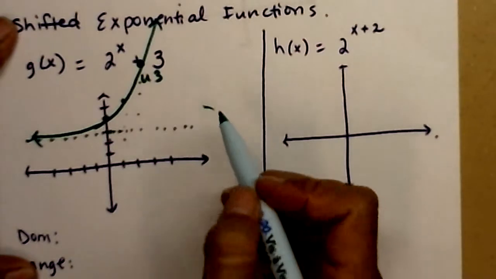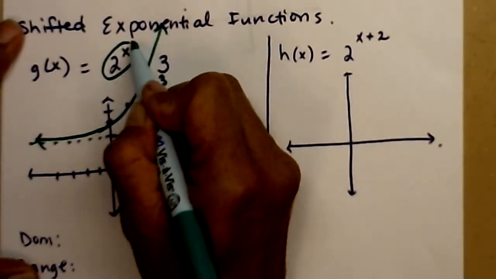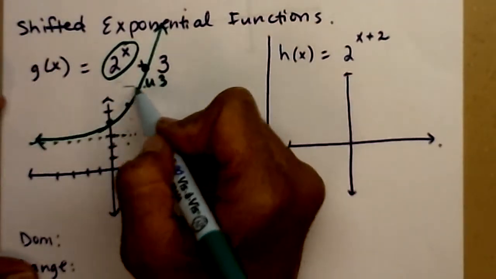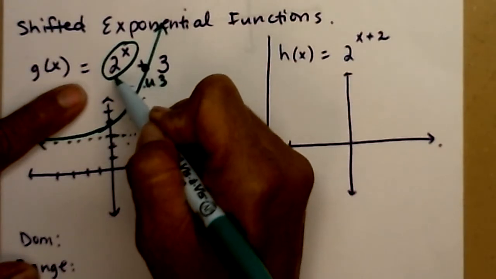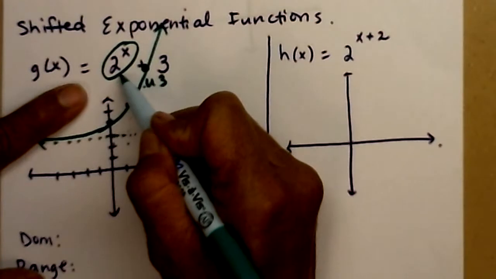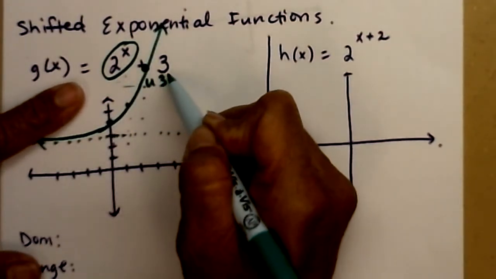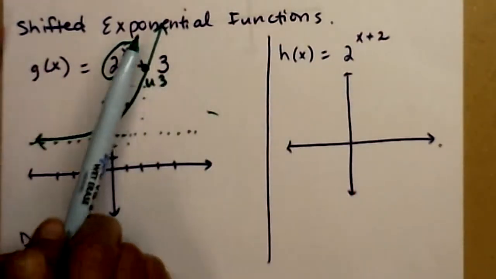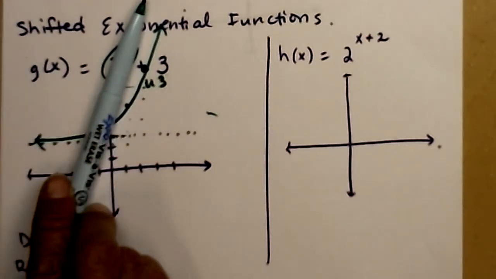Another way you can think about it, so you can reason your way through, right? This 2 to the x part, right, of getting my y's, this 2 to the x part can never be 0. It always has to be a positive amount. So I have 3 plus a positive amount. Even if it's really, really small, it's always adding something to 3. So y equals 3 is my bottom line, right, that asymptote that I've drawn across.